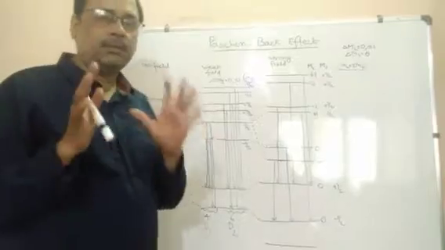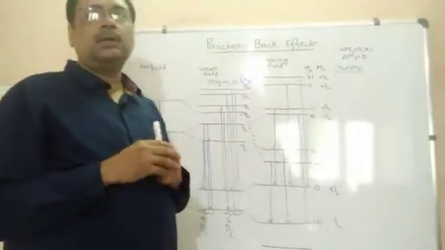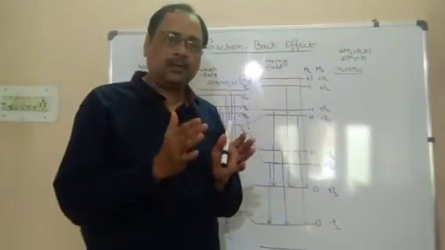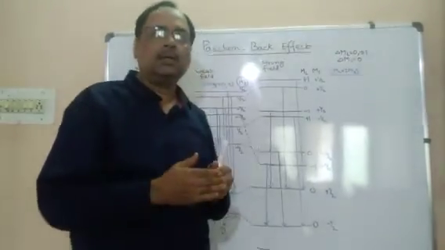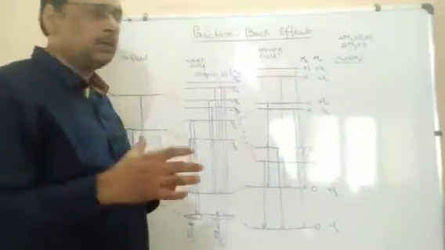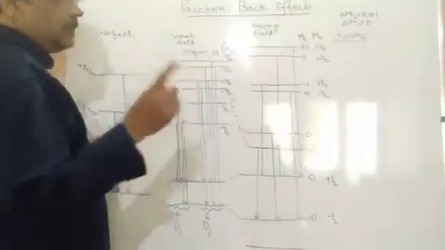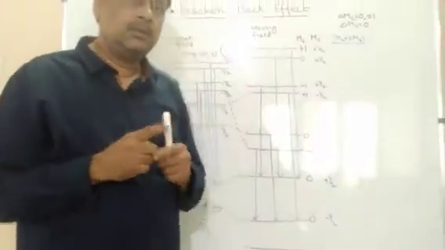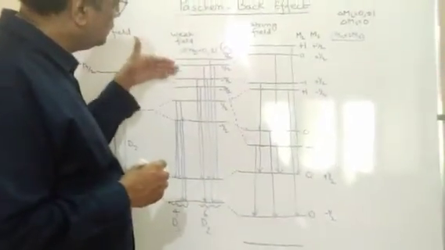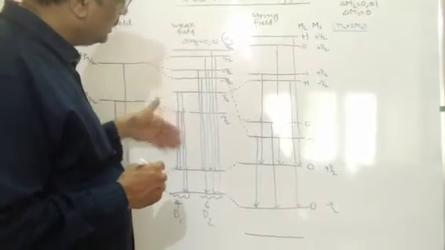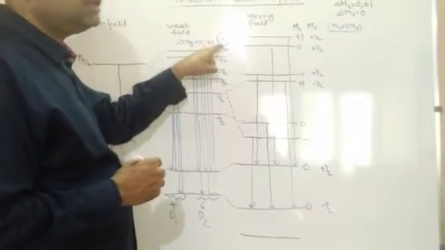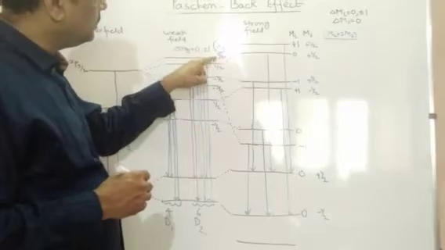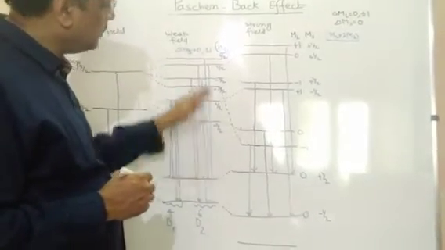If we apply a weak magnetic field, it means that this applied magnetic field is smaller than the internal magnetic field produced by the orbital motion. So if you remember, in the anomalous Zeeman effect, I showed you that there is splitting in the energy states, and we have the mj value, and with this mj value we have such type of splitting.